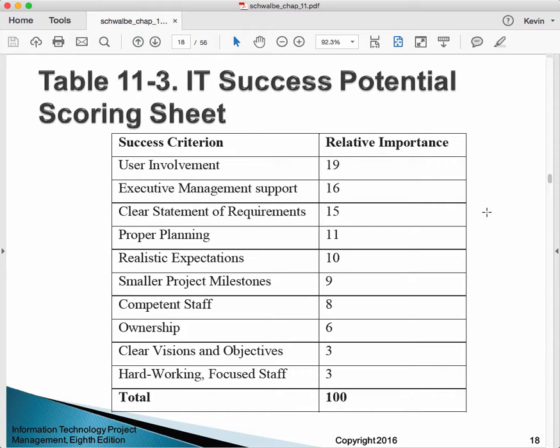So 20% of the risk, we believe, or nearly 20%, 19, comes from user involvement. If we get appropriate user involvement, we've got lower risk. If we don't, we've got higher risk.